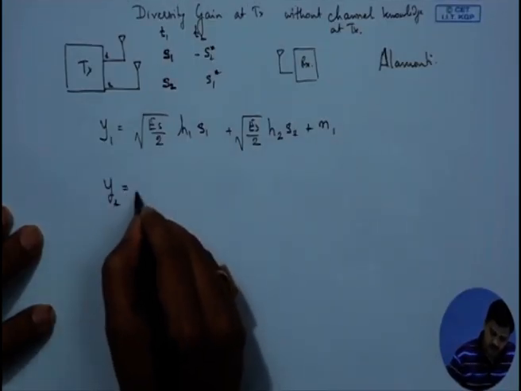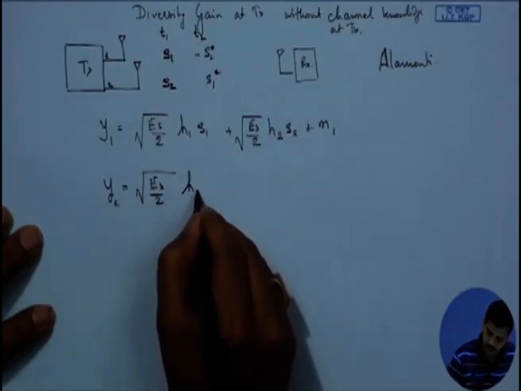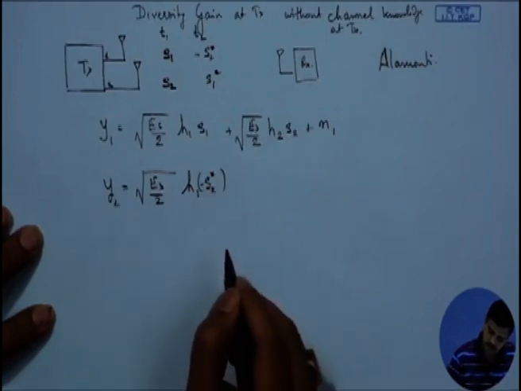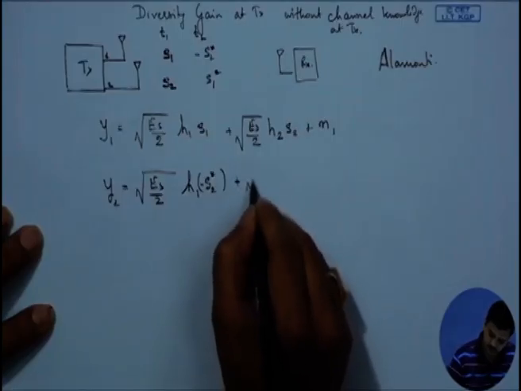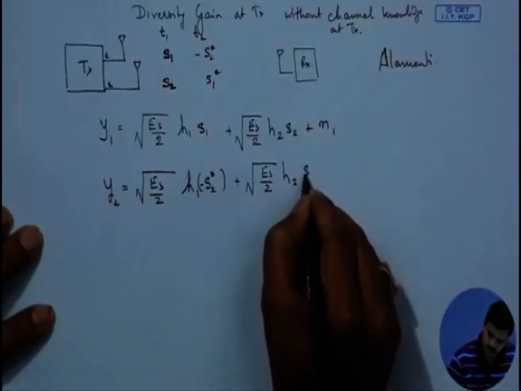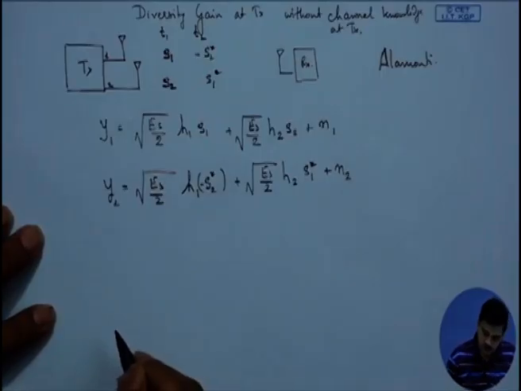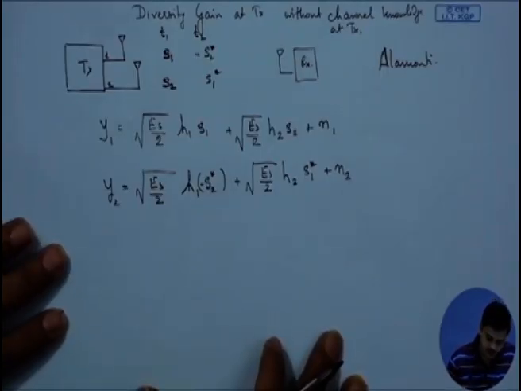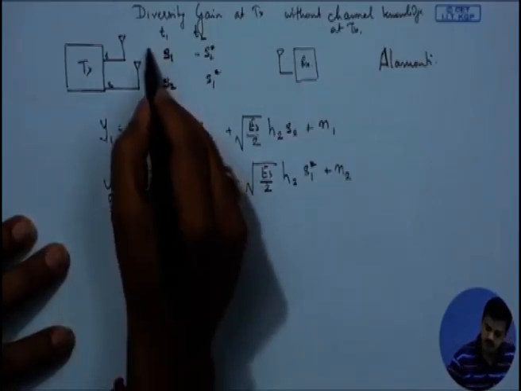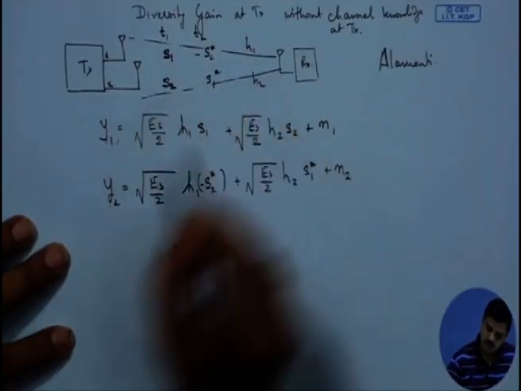And Y2 is equal to root over Es by 2 H1 times minus S2 conjugate, that's what we are going to send, plus root over Es by 2 H2 times S1 conjugate plus N2. This is time instant 1, this is time instant 2. This link is basically H1, this link is basically H2.